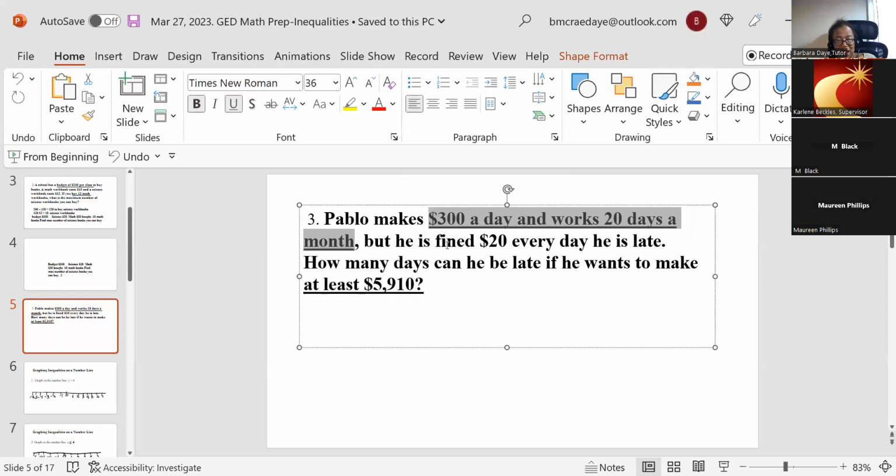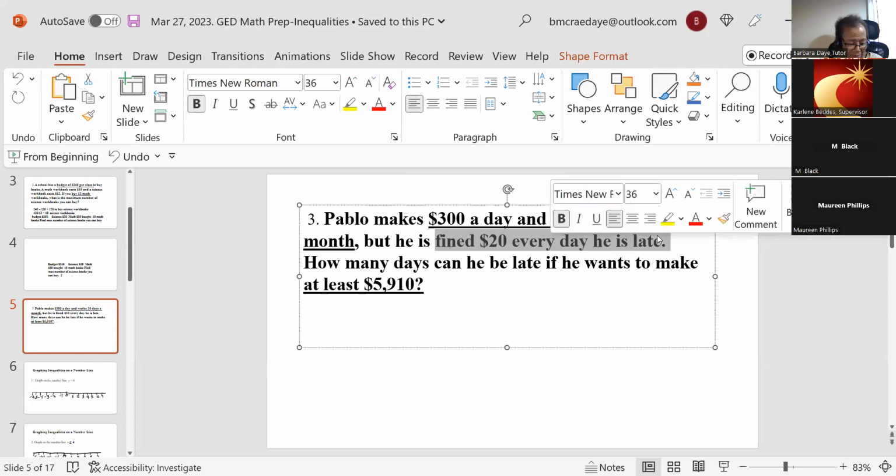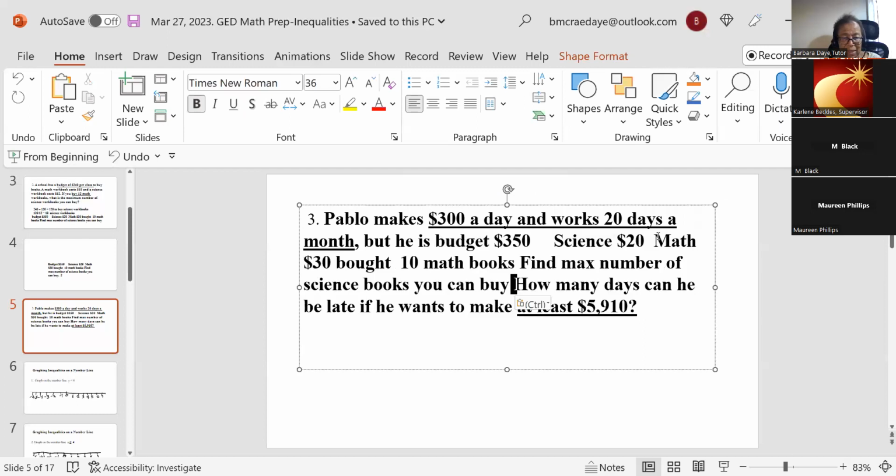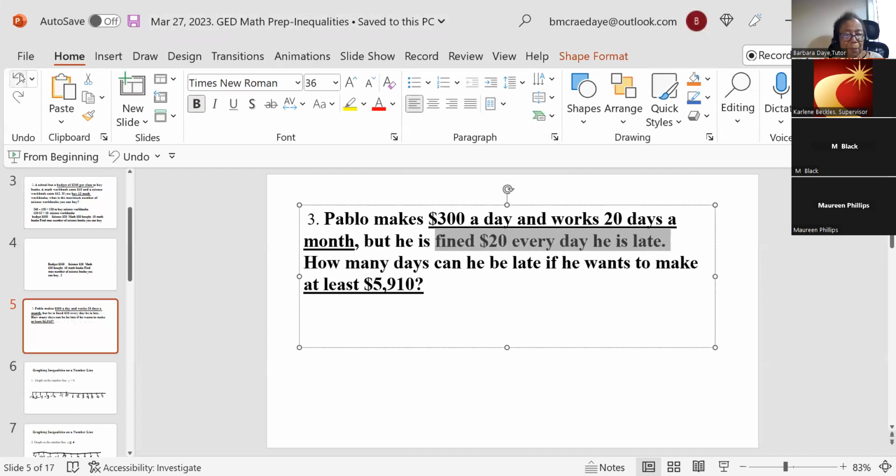He's fined $20 every day he's late. So how many days can he be late if he wants to make at least $5,910? I don't get that. How many days can he be late?